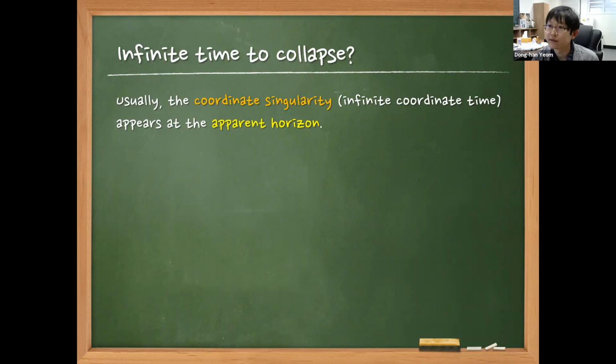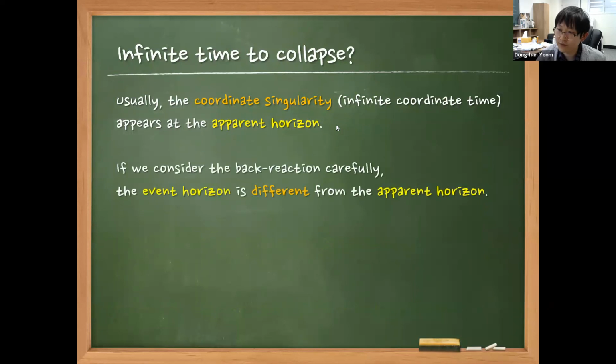About the infinite time issue, usually the coordinate singularity appears at the apparent horizon, but the apparent horizon is different from the event horizon. If we consider the back reaction carefully, then the event horizon is different from the apparent horizon. So when you cross the event horizon, still the coordinate time is finite.